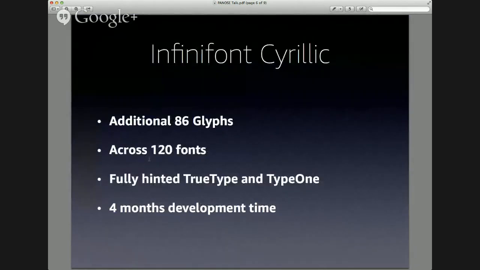So the other places that we went to, I don't have a lot to show on this. I wish I had a sampling of some of the characters, but their marketing department came to us at one point after Infinifont had been finished and said, now we're getting requests for Cyrillic typefaces. It was an additional 86 glyphs that they needed across the 120 fonts, and we were able to build and develop it with fully hinted TrueType and Type 1 outlines in about 4 months of development time.